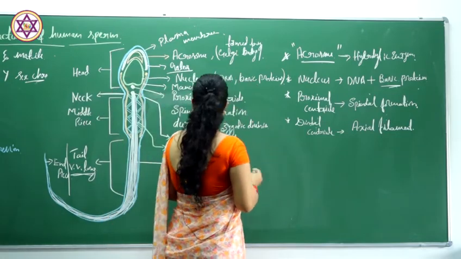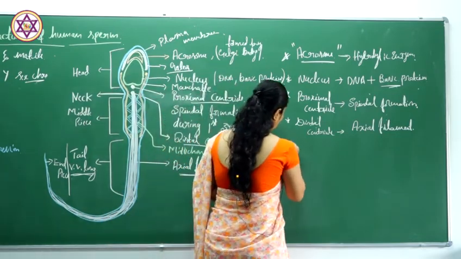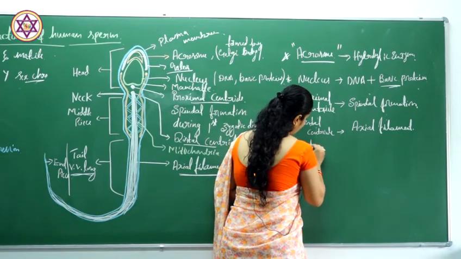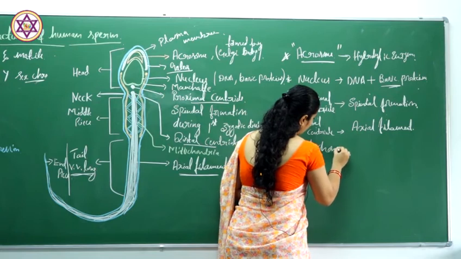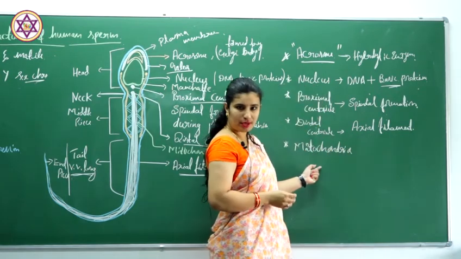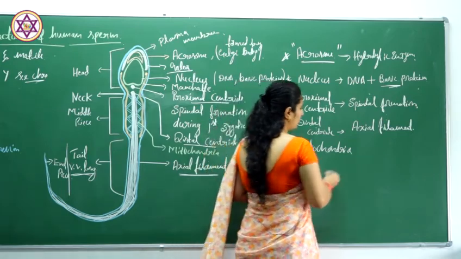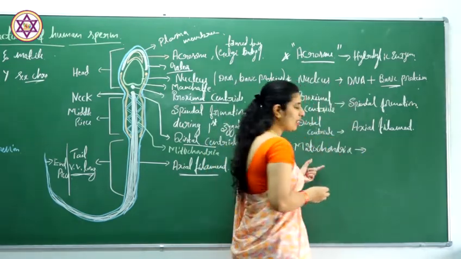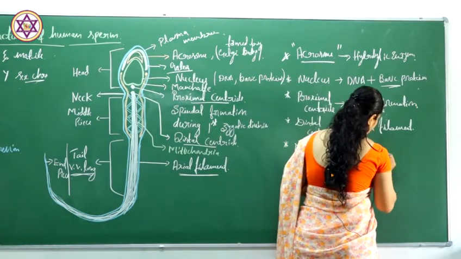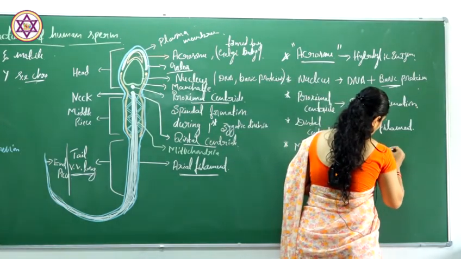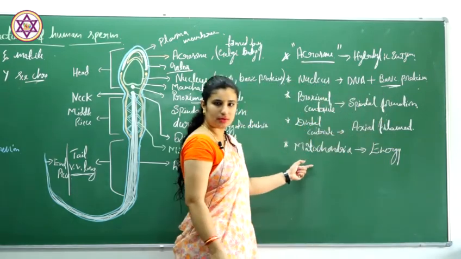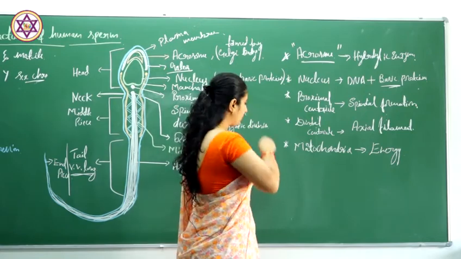And followed by that we have the mitochondria, spirally arranged, and as we all know the function of the mitochondria is to provide energy for the movement of the tail.